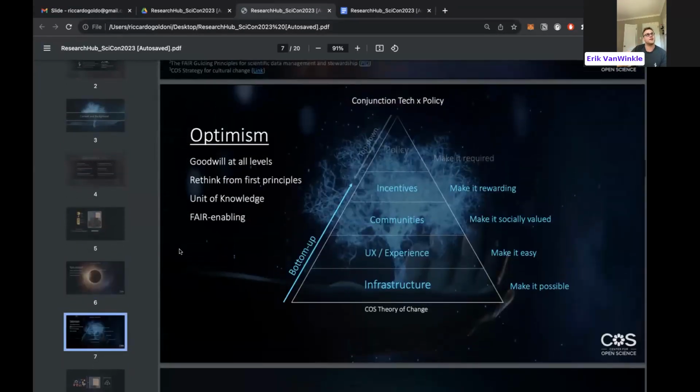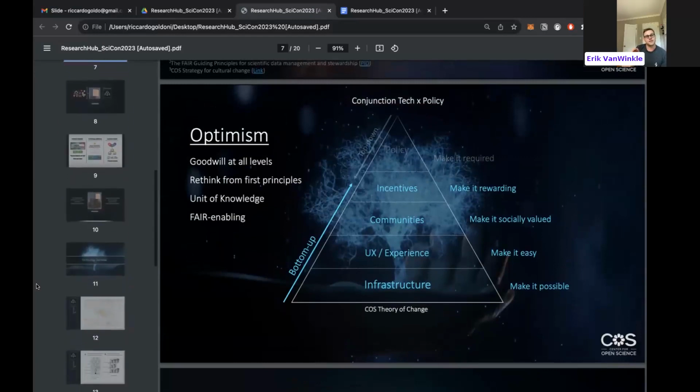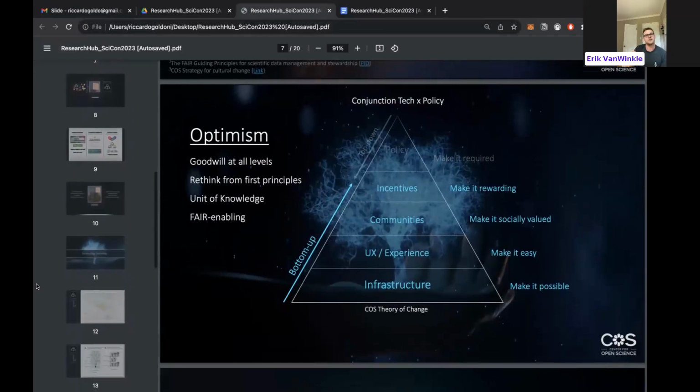We also see bottom-up movement, where it's not just policy itself, but it's a look at infrastructure. It's a look at UI, UX, communities, and incentives. Especially within the DeSci community, we see so many of these different things being worked on on a regular basis. People are developing apps to try and target problems in meta-science. Communities are springing up with the idea that there are problems and that experimentation is needed to fix them.